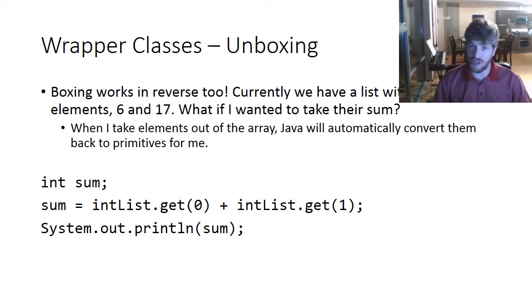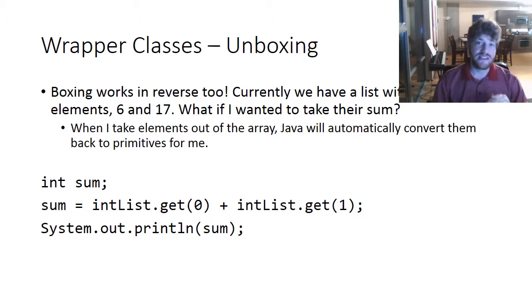Now, fortunately for us, the reverse is also true, and that is called, not surprisingly, unboxing, which is automatically converting from a wrapped object to a primitive value. So we can see down here what I've done is I've declared a primitive int variable, sum.